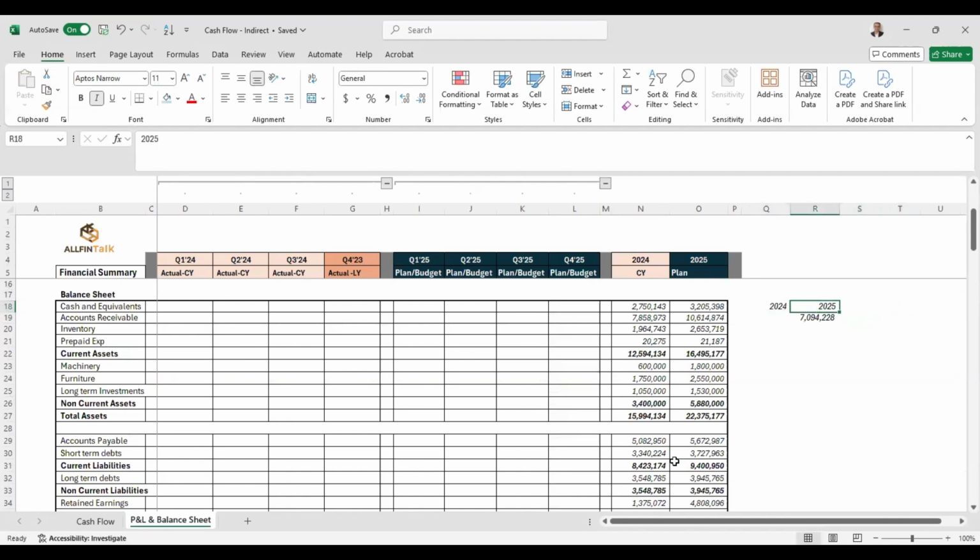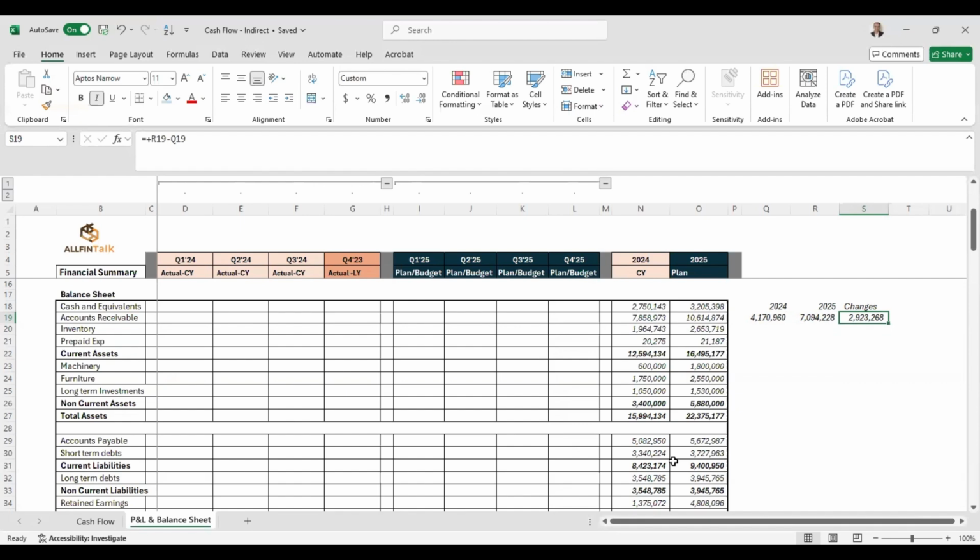Let me do it here. Current assets of 2024 minus current liabilities of 2024. The change in working capital over these 2 years would be this much. So working capital has increased by 2.9 million. Again, we follow, I would say, an inverse formula over here.